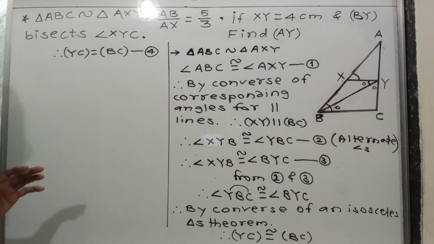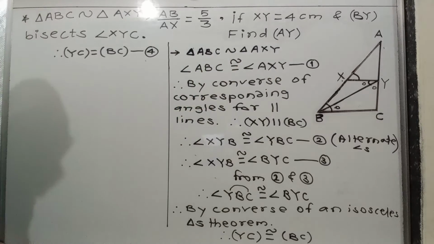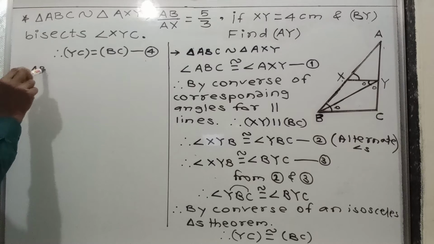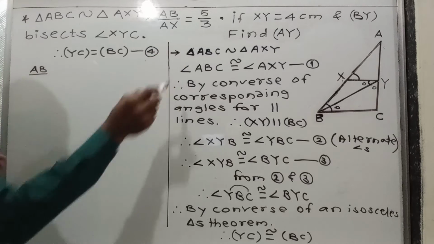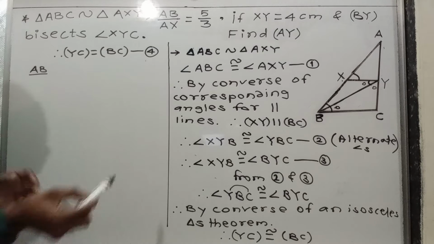Did you get it? Now we are given triangle ABC similar to triangle AXY. Already we have been given this. So we write here: if triangles are similar, then the ratio of their corresponding sides is in proportion.